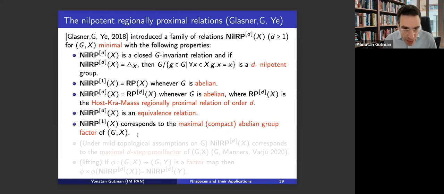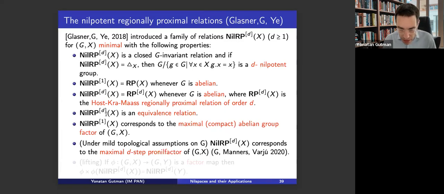And then we used the structure theorem mentioned before by Manners, Varjú, and myself to show that these equivalence relations correspond to the maximal d-step pro-Nil factor. So these relations enable us to start with a general minimal system under some mild topological assumptions on G, and reduce it, in the sense that we can divide out by this relation and get the maximal d-step pro-Nil factor.